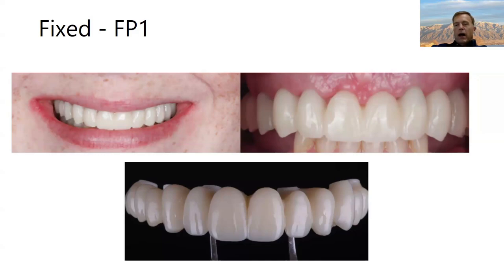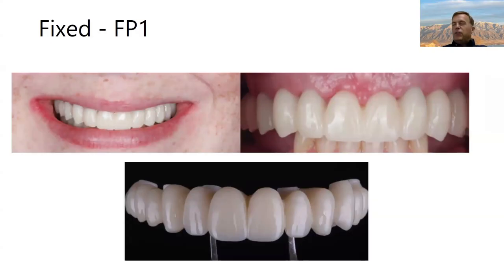So I love guided surgery anyhow, but I would strongly suggest using guided surgery for this, because to my way of thinking, that's the only way you're going to be able to know ahead of time exactly where the teeth need to be prosthetically, so you can get that precise placement. Because again, it's like you're placing 7 single lateral implants or single central implants. So they got to be right there.